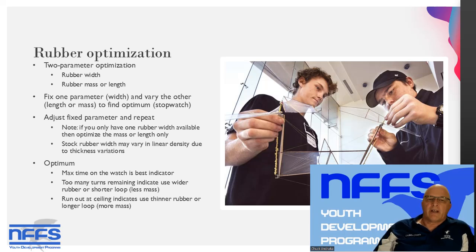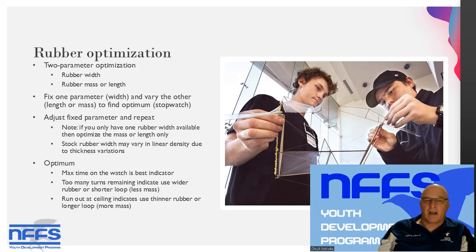But to know which way to go, if you've got a lot of turns left on the helicopter when it comes down, you want to use wider rubber so it has more torque, or use a shorter loop so it has less mass. So too many turns, you want to go to a shorter loop, less rubber, less mass, or wider rubber to have more torque to support the mass that you've got. What's too many?